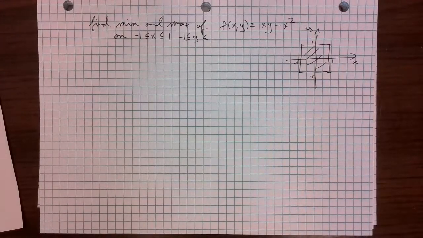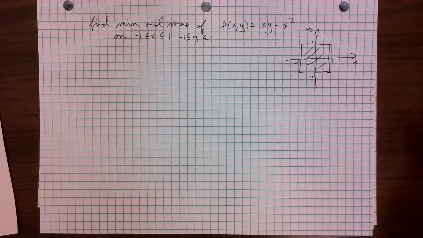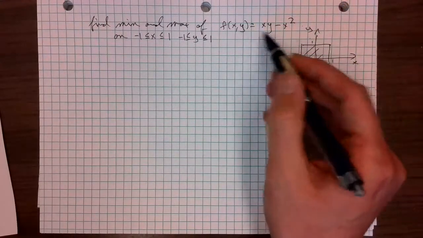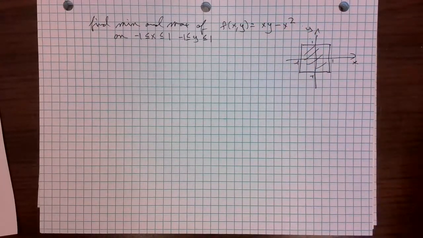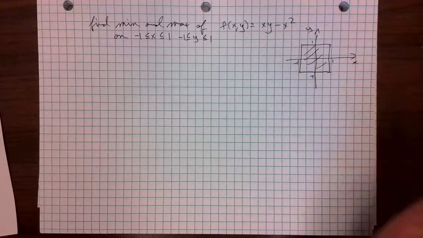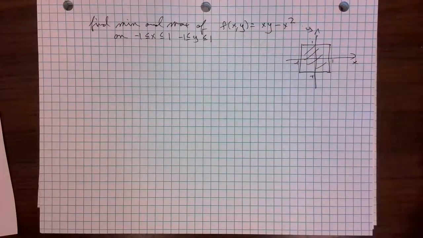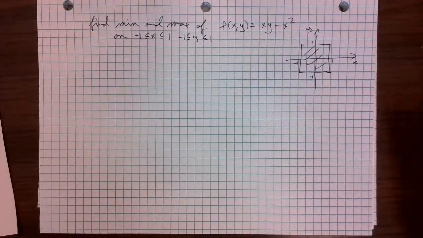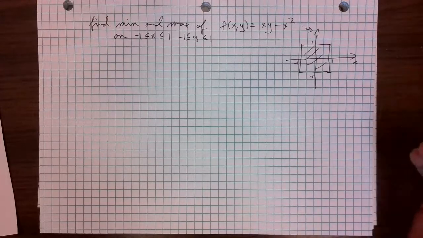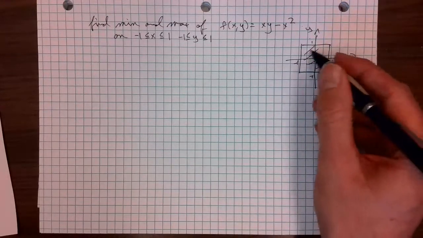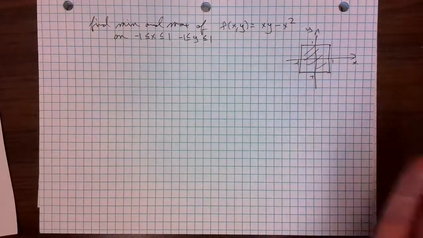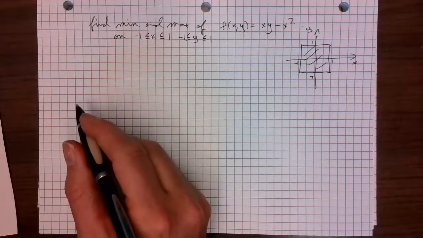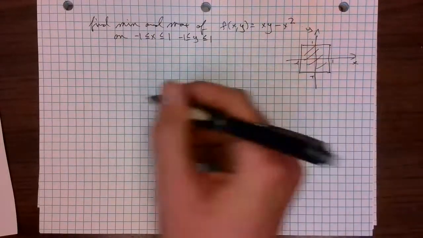Now, if we want to figure out the maximum and the minimum of this, it's a multi-step process. First, you have to figure out could the minimum or the maximum be somewhere inside here. And for that, we need to figure out the critical points.